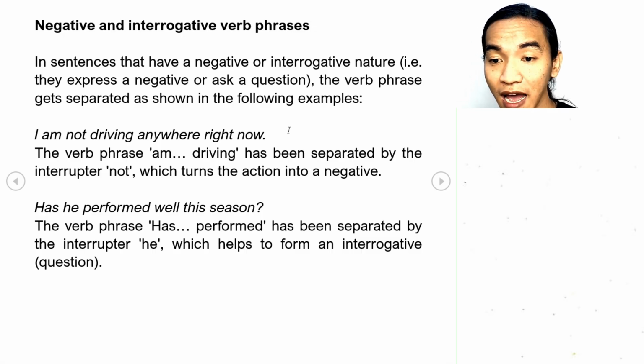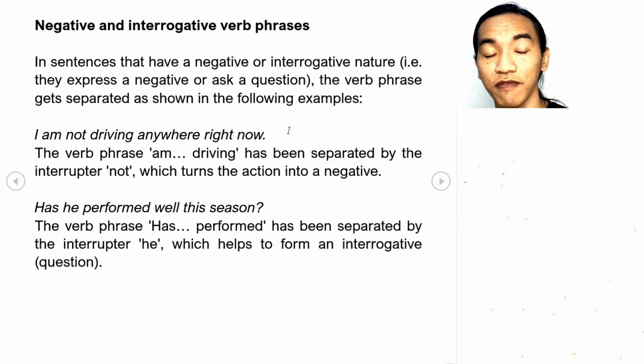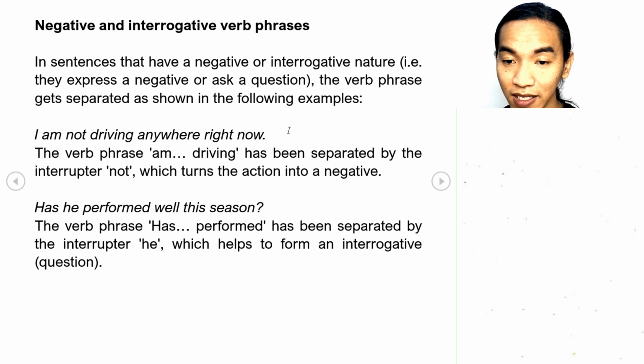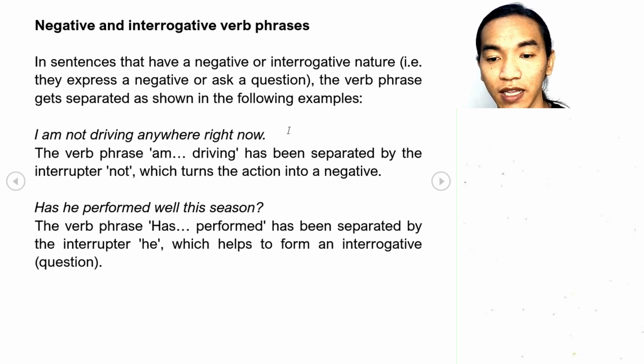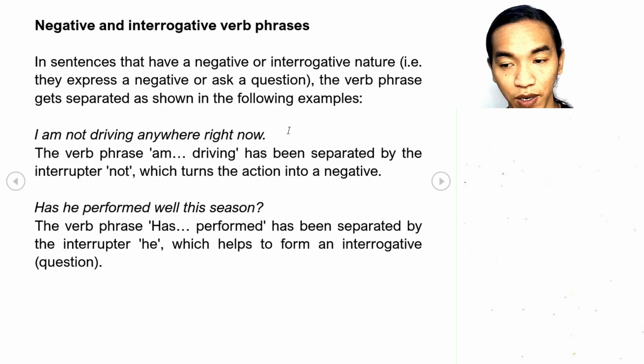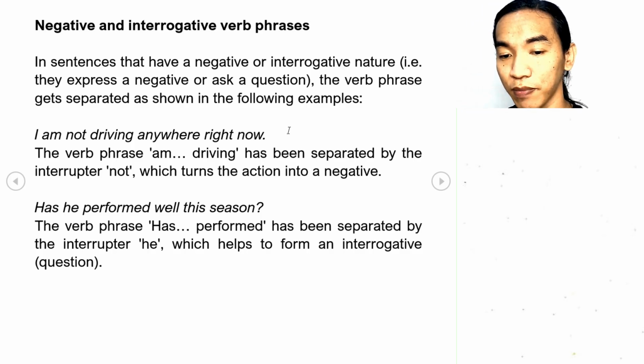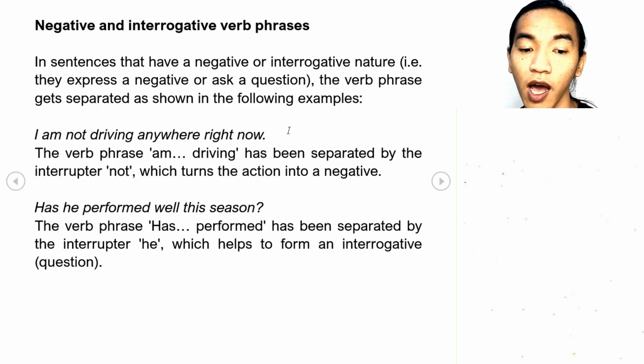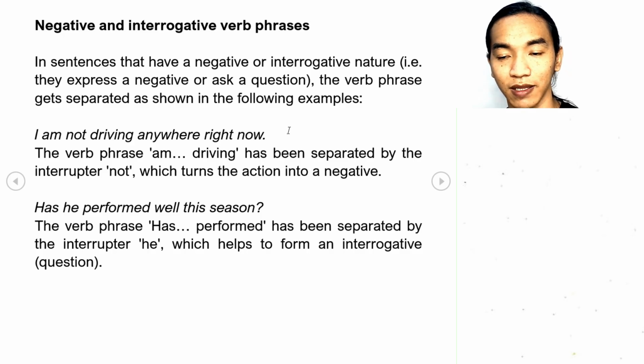Now, we also have your negative and interrogative verb phrases. Of course, for negative, we use not normally, okay? And then with the verb, usually ing, okay, I am not driving anywhere right now. The verb phrase, am driving, has been separated by the interrupter not to make it a negative statement. Then, interrogative verb phrase is used in the question.